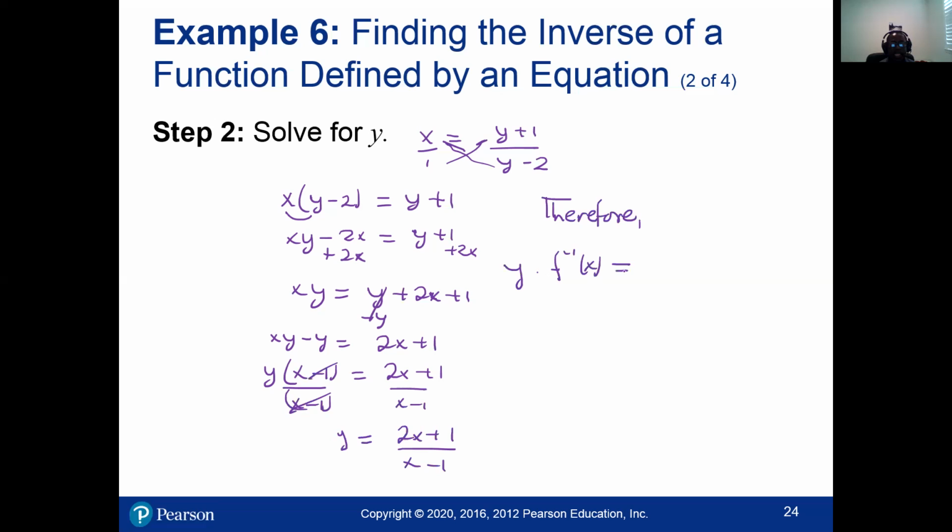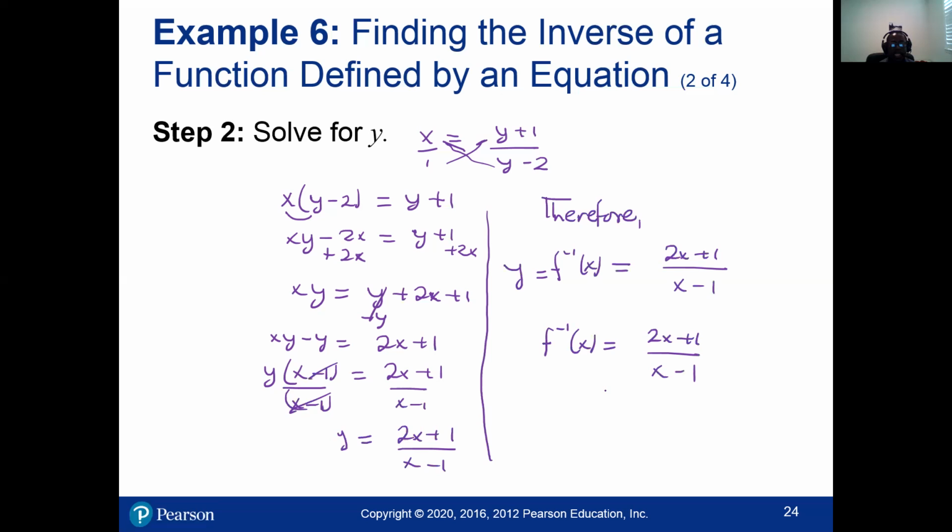Okay, the y is equal to that, 2x plus 1 over x minus 1. So let's write the inverse function again here. The inverse function is 2x plus 1 over x minus 1.